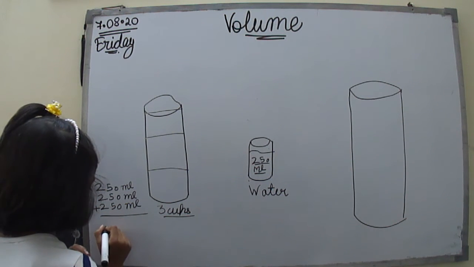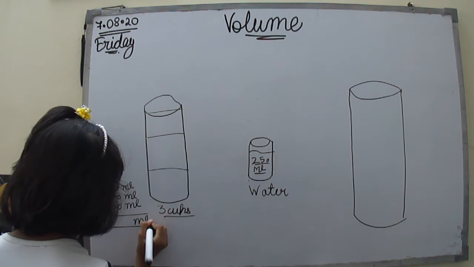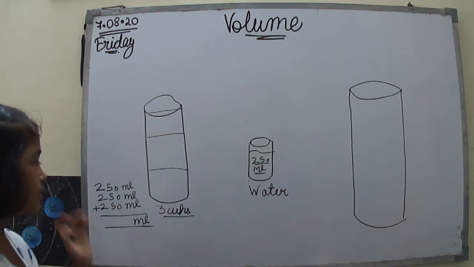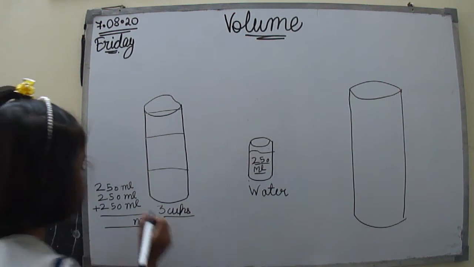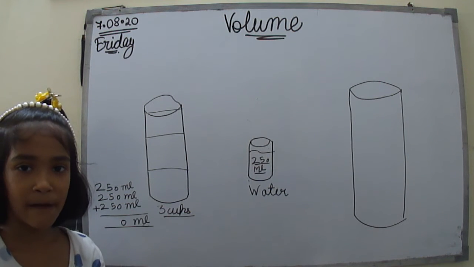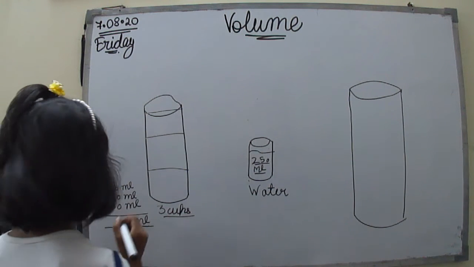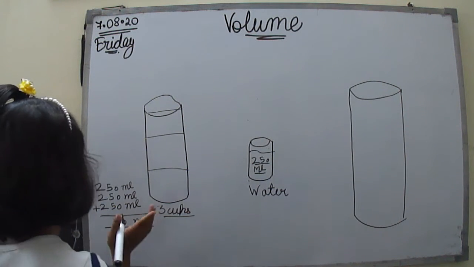So, first let me write ml over here, okay? Now what is 0 plus 0 plus 0? Of course it is 0. And 5 plus 5 plus 5 is 15. So 5 over here and 1 will be carried to the 100 place.